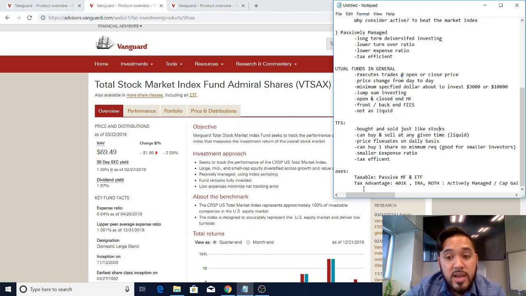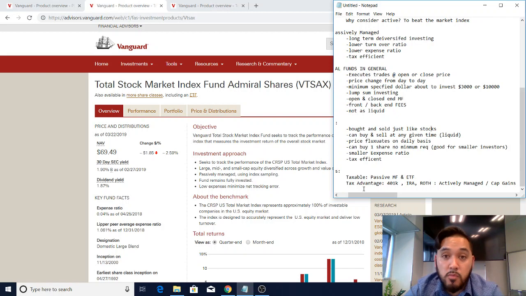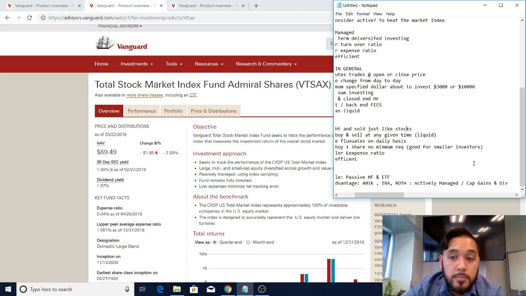However, with tax advantaged accounts, your 401k, IRA, Roth, 403b, whichever you may have, you want to put actively managed mutual funds as well as ETFs into these accounts because of the capital gains and dividends. Since it is a tax advantaged vehicle, you don't have to worry about it.